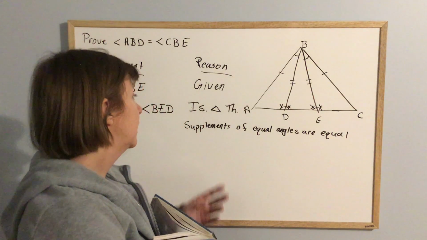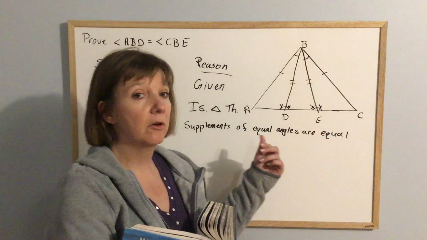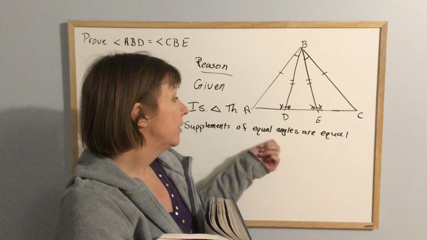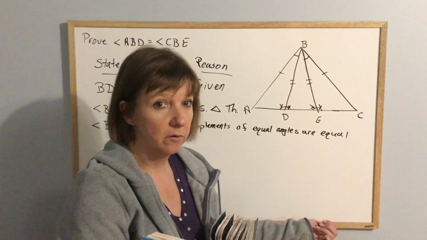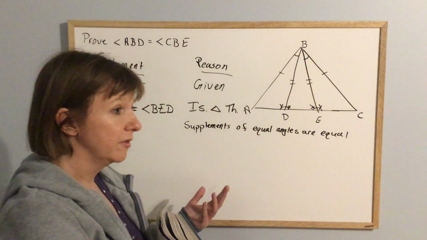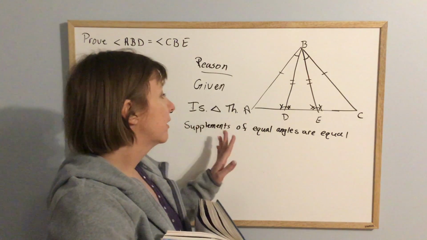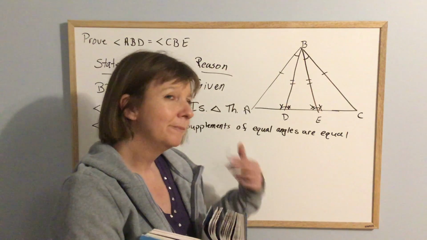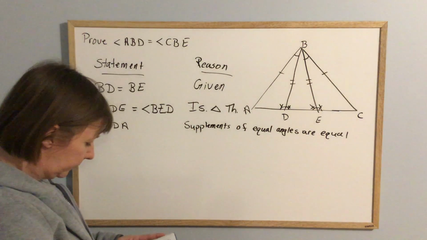So it's a long explanation, but supplements means angles that add with the other one to give you 180. So supplements of equal angles are also equal, and that's just logical reasoning. If you didn't put it in such proper math terms, but you said they both have to add to be 180, that would work for me.